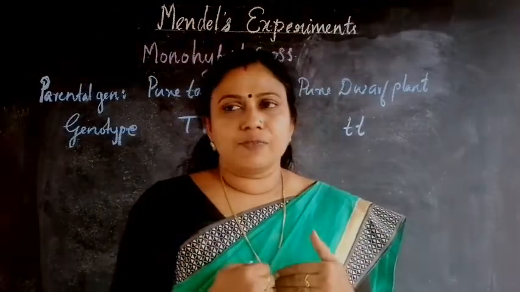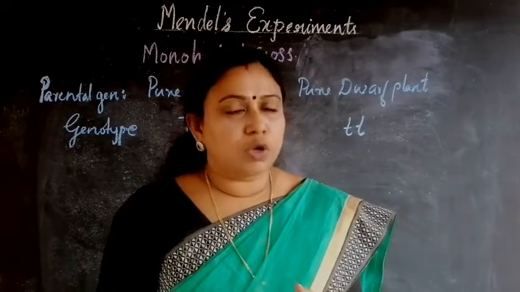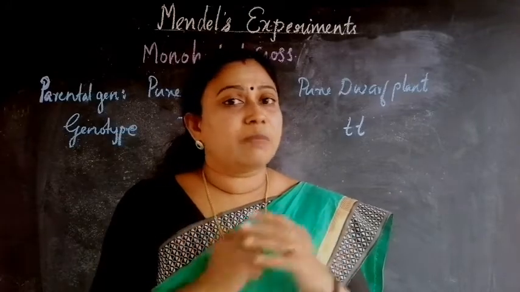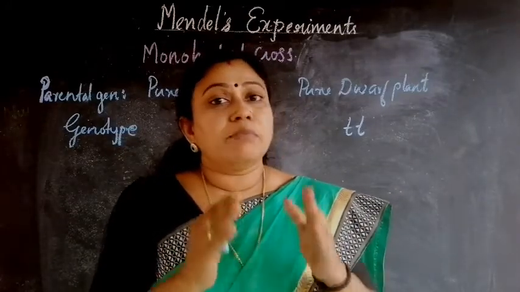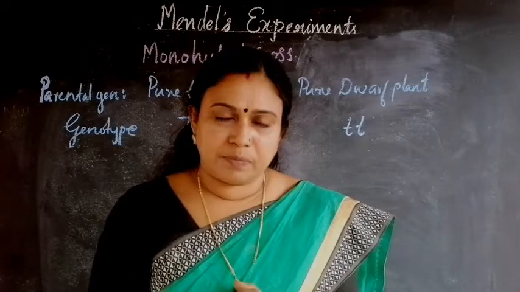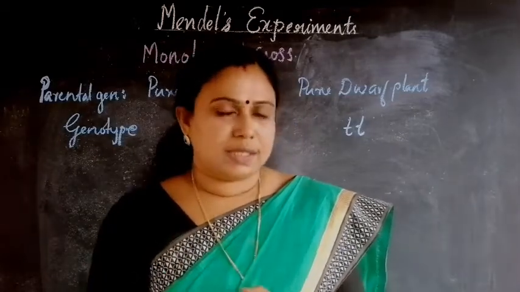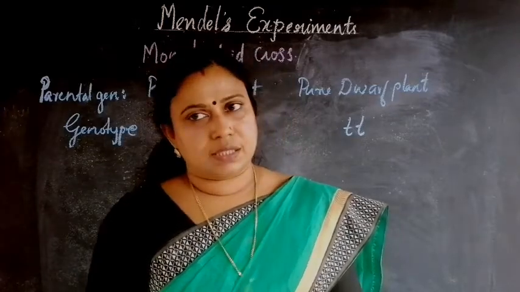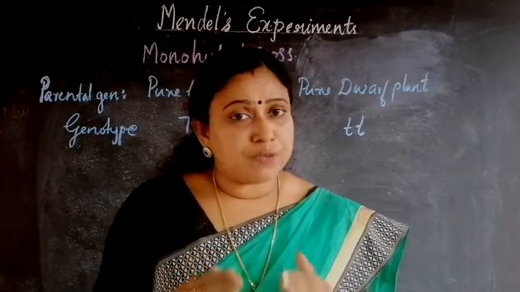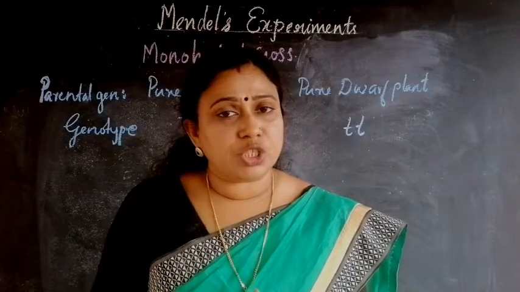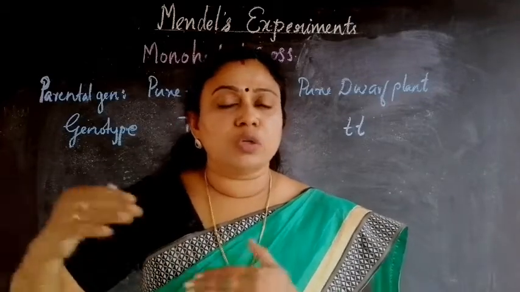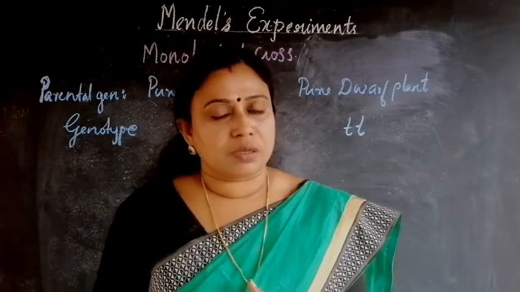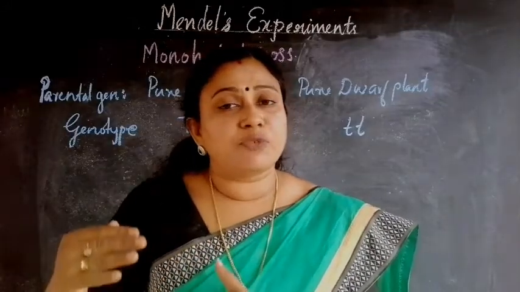We humans have 46 chromosomes or 23 pairs of chromosomes. During the time of gamete formation, what happens there? Meiotic division, or reduction division, takes place in the reproductive cells, and the reproductive cell divides into 4 cells. Each cell will have half the number of chromosomes.